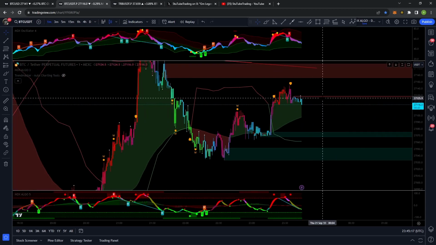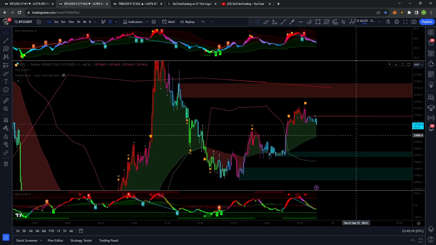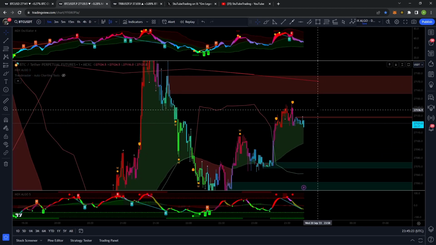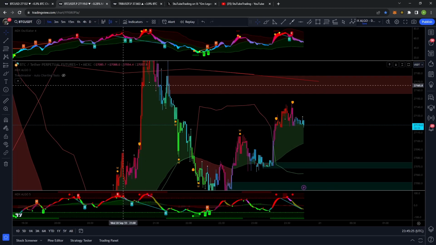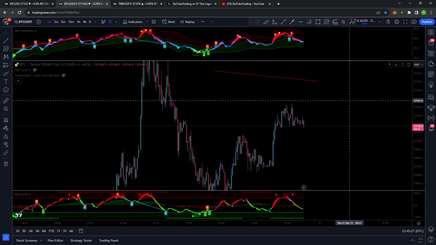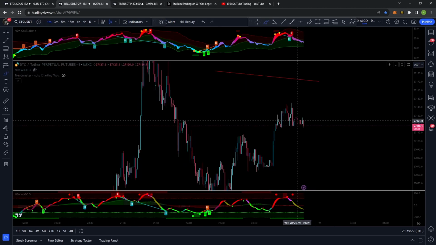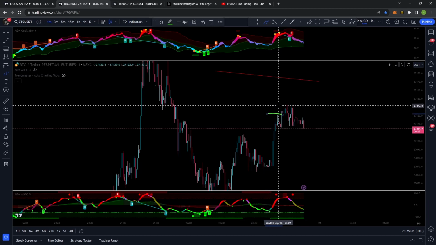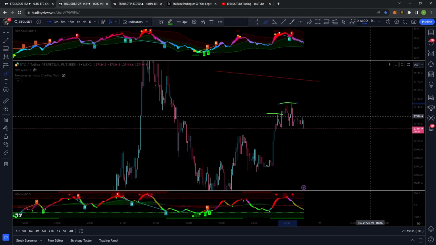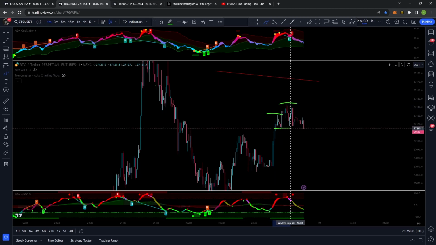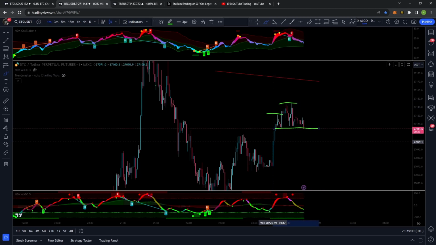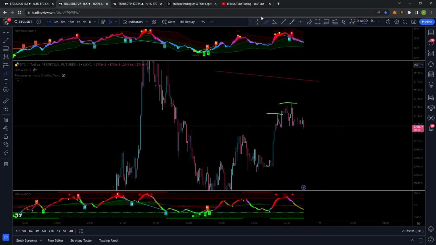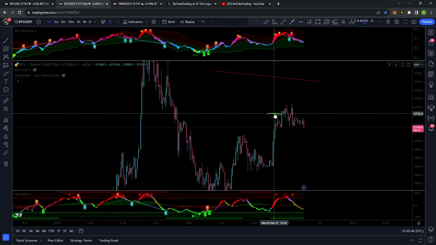Look at this little supply zone making something for itself. If I really want to microanalyze things, we got this high here, and then we actually ended up breaking it. We could look at this level as our higher low on this very immediate trend, but I mean, that's getting very, very degenerate.